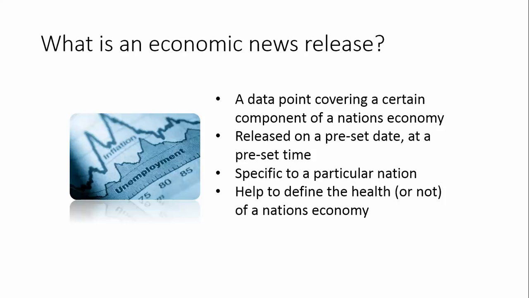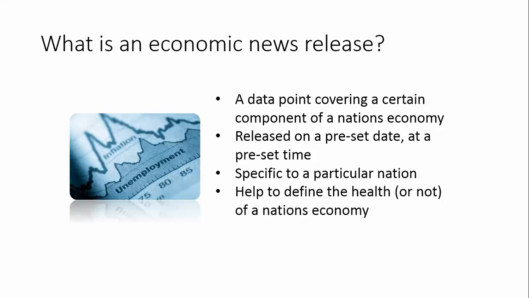Now, each data point will be specific to a particular nation, and that will obviously have a knock-on effect on the local currency of that nation. So UK data will have a knock-on effect on the Great British Pound. US data will have a knock-on effect on the United States dollar. And when you put all these data points together, they help to define the health of a nation's economy.